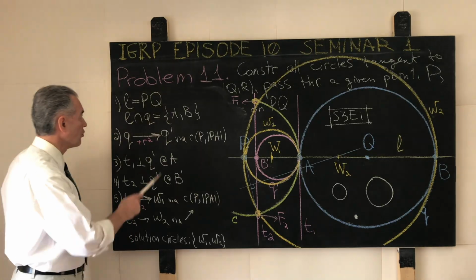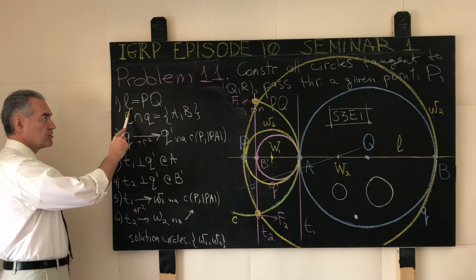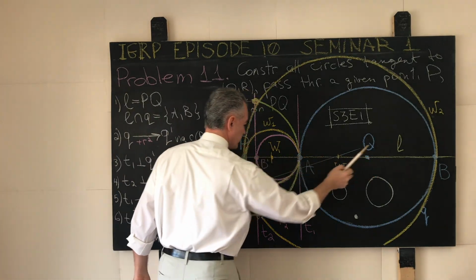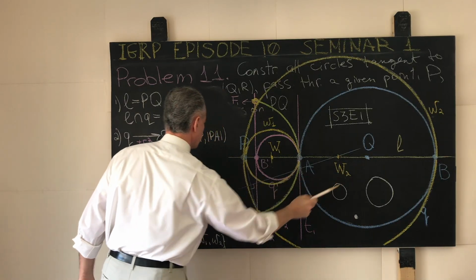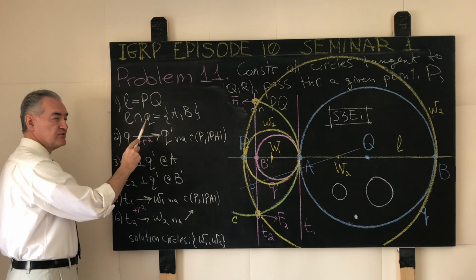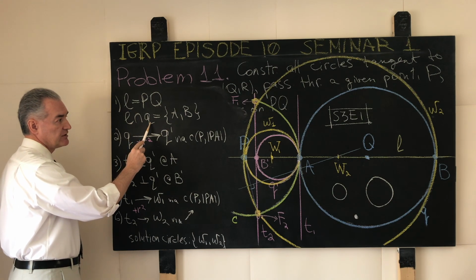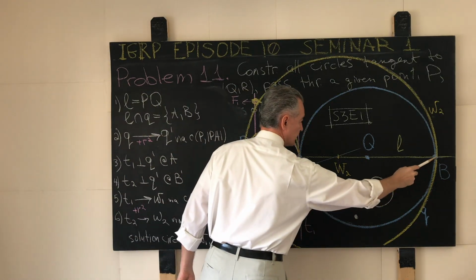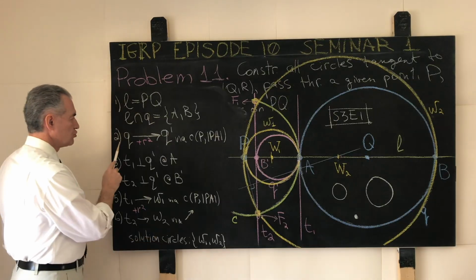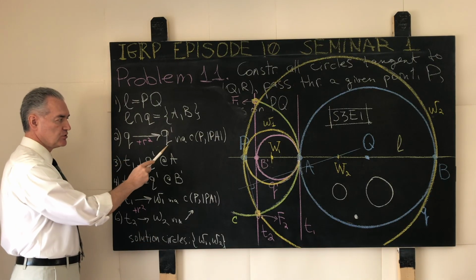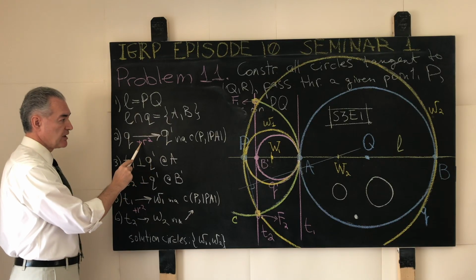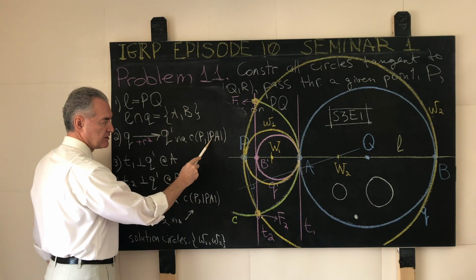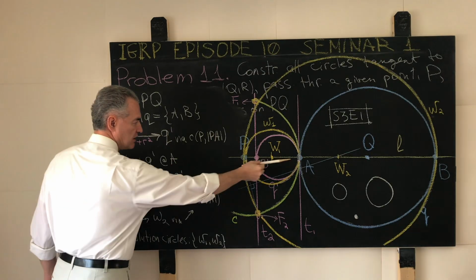As such, as the step number one, we construct a straight line, lowercase l, through the given points P and Q. That straight line L will intersect the given circle Q at two distinct and diametrically opposite points A and B. Next, as the step number 2, we reflect the given circle Q into its image Q prime with positive power in the circle lowercase c that has the point P as its center and the length of the line segment PA as its radius.